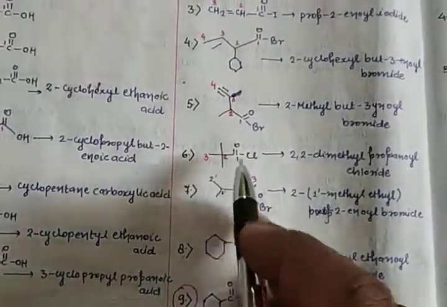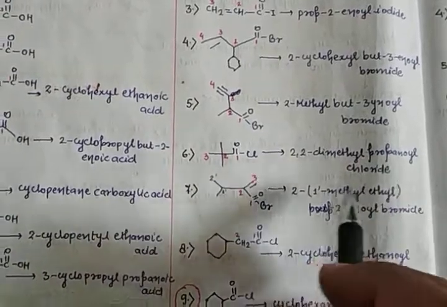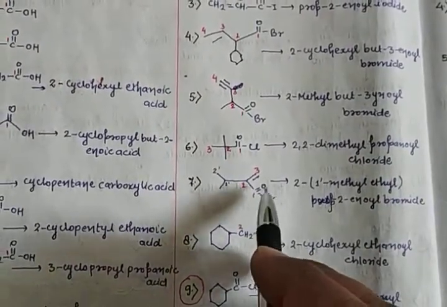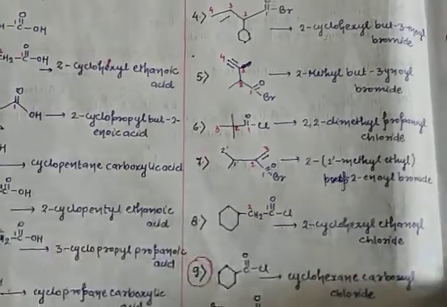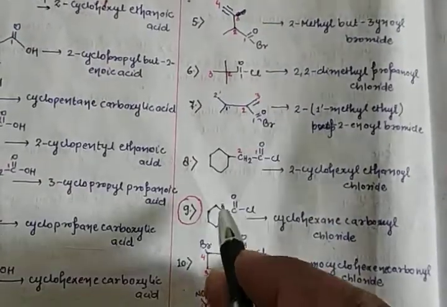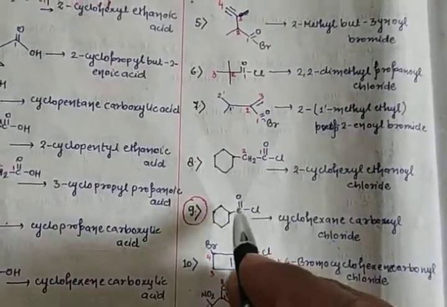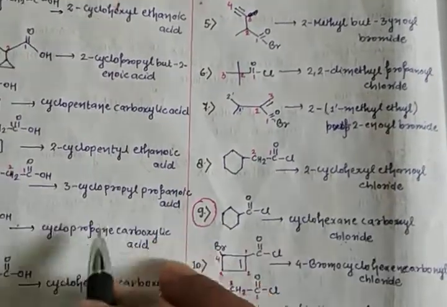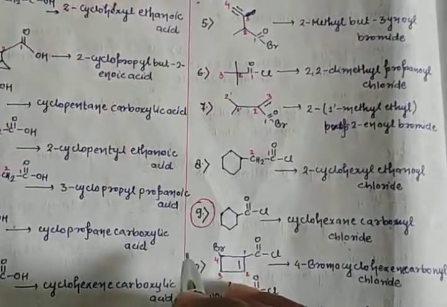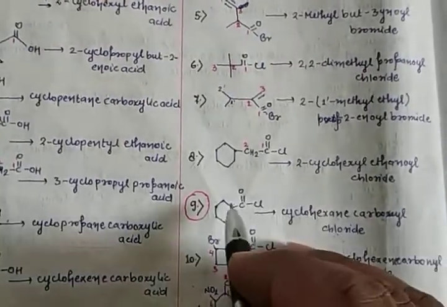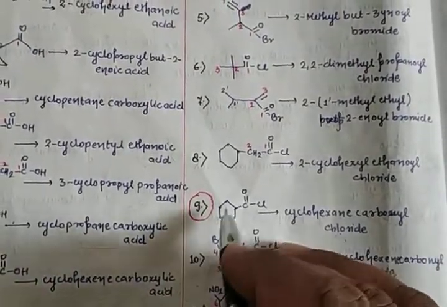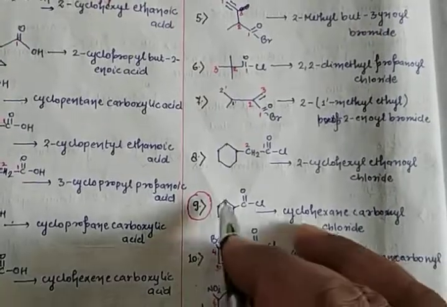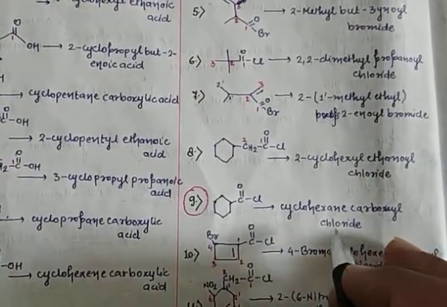Same for this, same for this. COOCl. So look, propanoyl chloride. Same for C double bond O Br, the structure is the same. Now suppose a ring is directly attached with COOCl. The name is carbonyl chloride. In CHO it is carbaldehyde, but here C double bond OCl is directly attached with the ring, so it is cyclohexane carbonyl chloride.